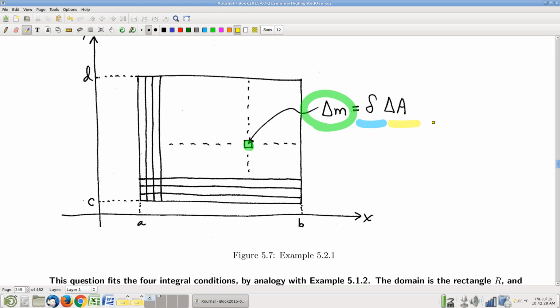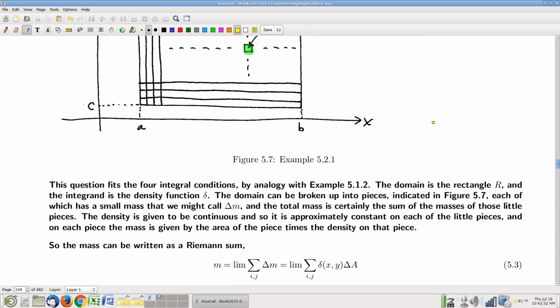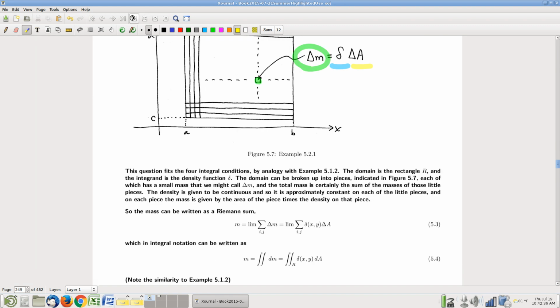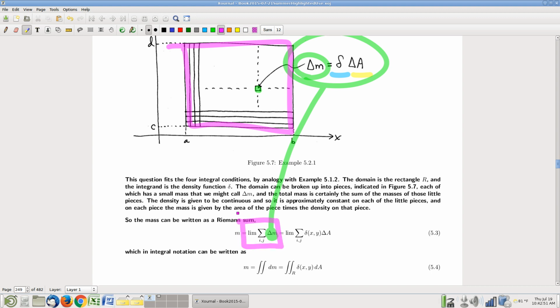And I just need to add that up over all the different pieces. I need to take all these little masses and add up over the entire rectangle all of those little masses, right?